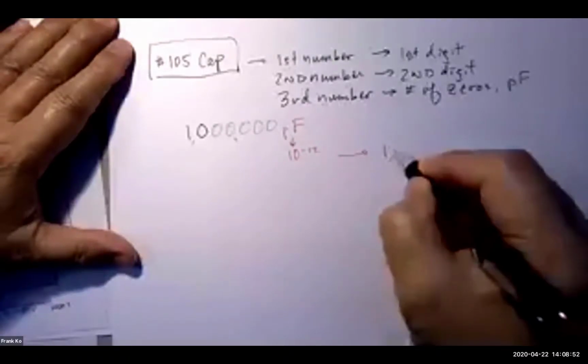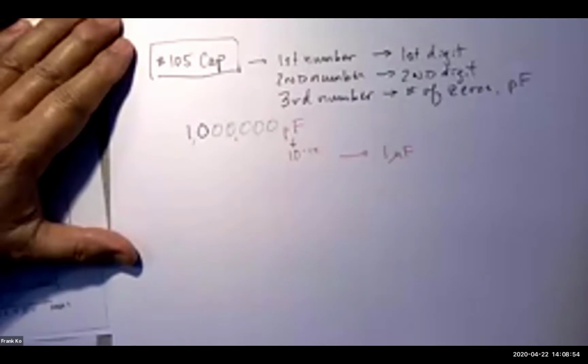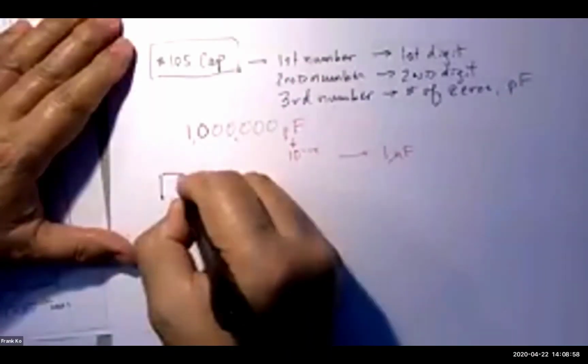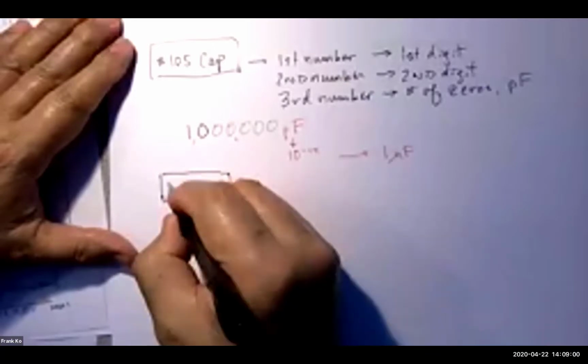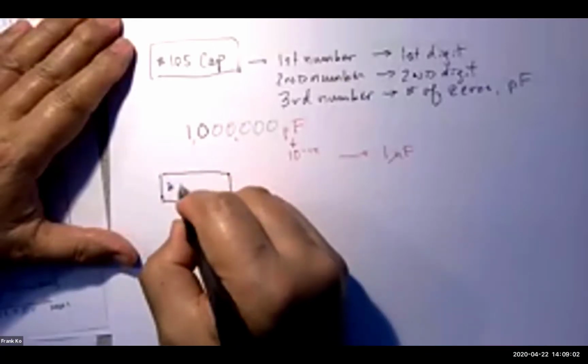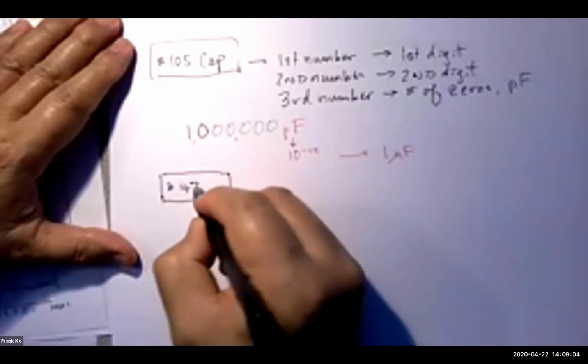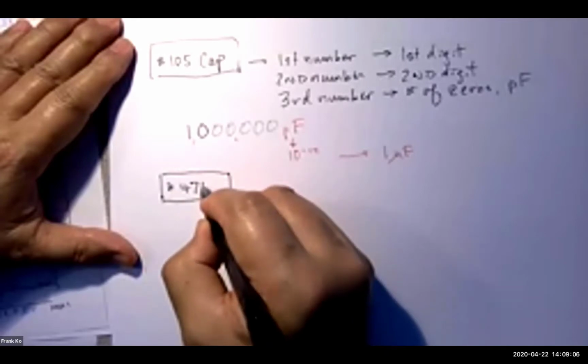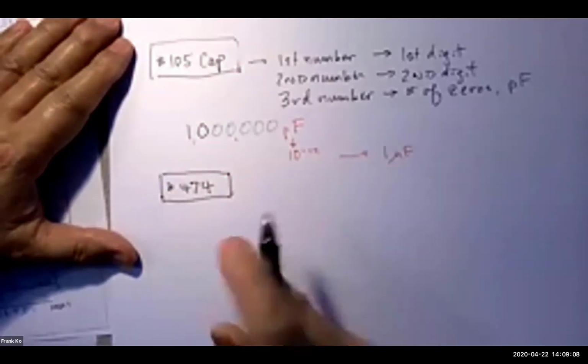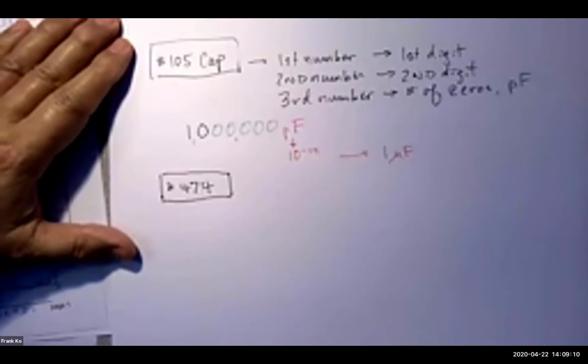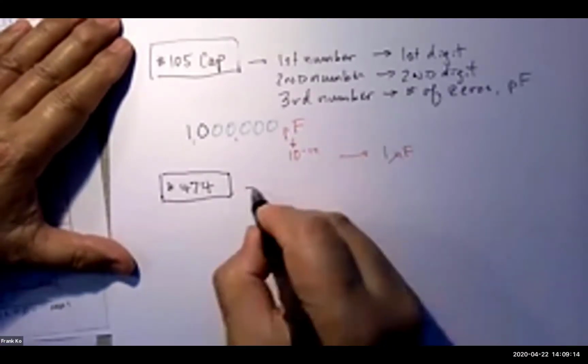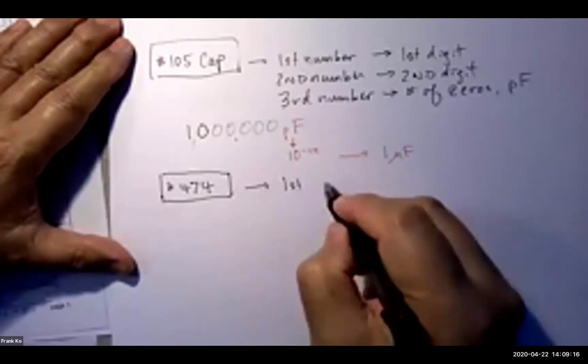All right. So now I've got something more interesting for you to do. Suppose you have a cap value that's this guy right here. The cap value is going to be the number 474. Go ahead and interpret a 474, and I will call upon names in a moment.